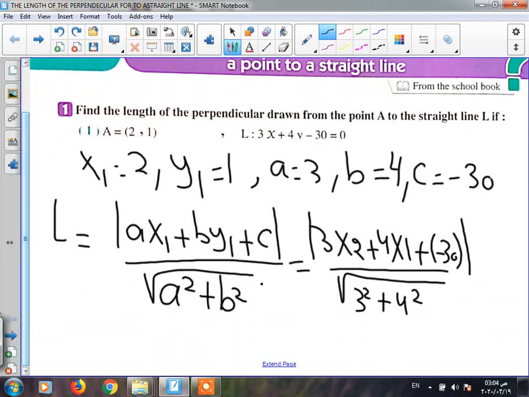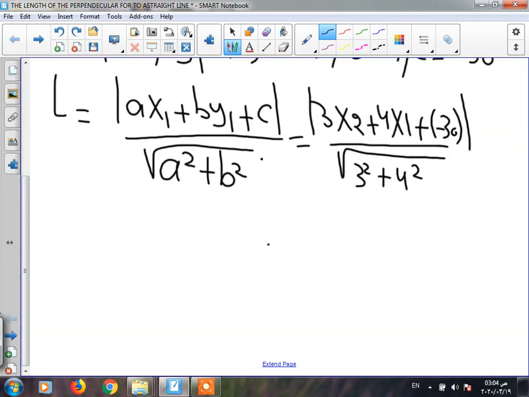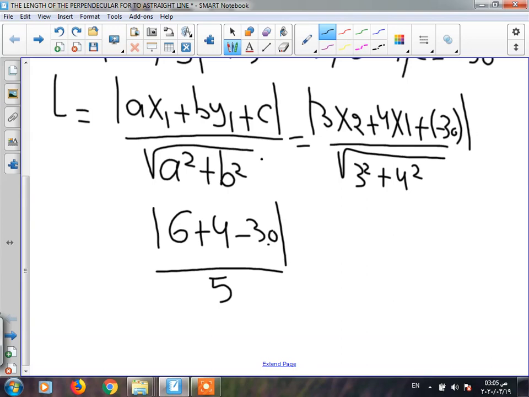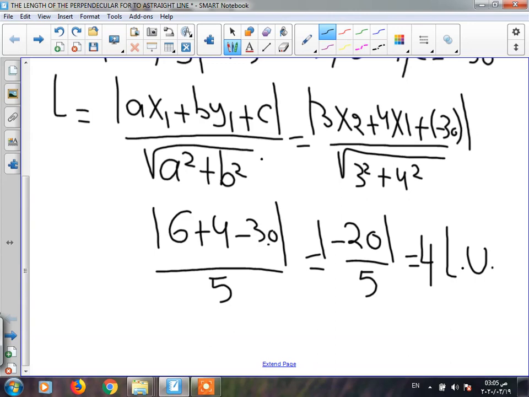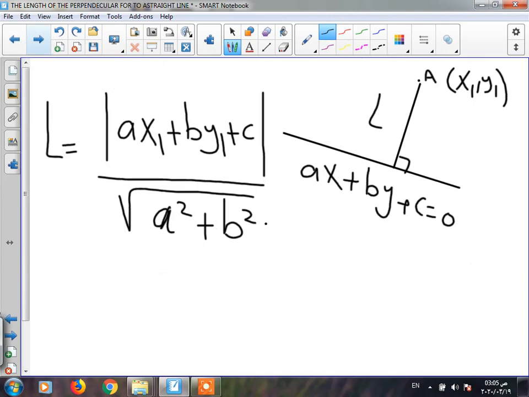Here we will have 3 times 2 is 6, plus 4, minus 30, all of this over 5. This is 10 minus 30, negative 20, over 5, absolute value, which will be 4 length units. So this is our result. The distance between the point and the straight line is 4 length units.